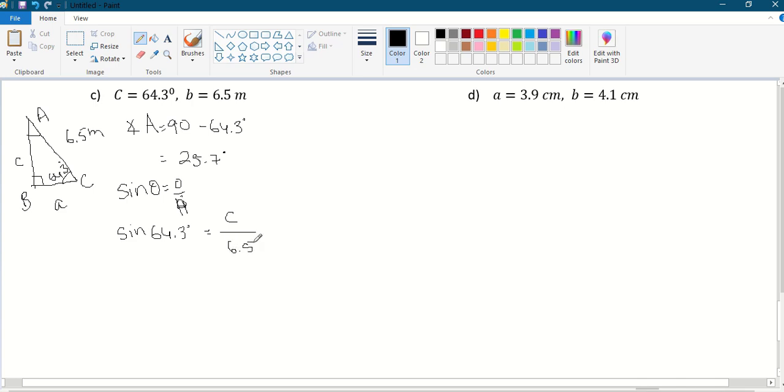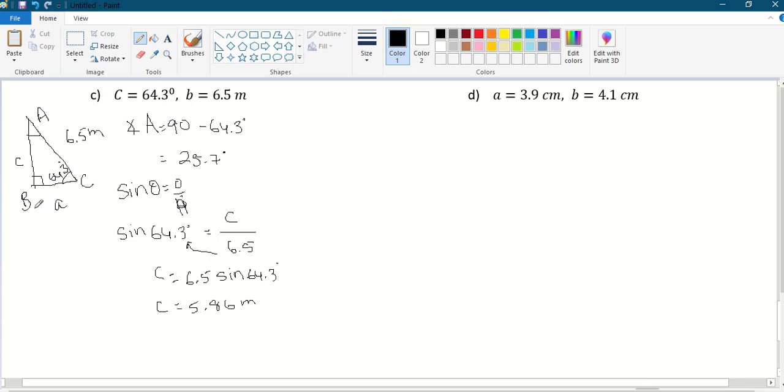If you want C alone, we multiply by 6.5, so C equals 6.5 sine 64.3 degrees. We punch this in the calculator and get 5.86 meters.